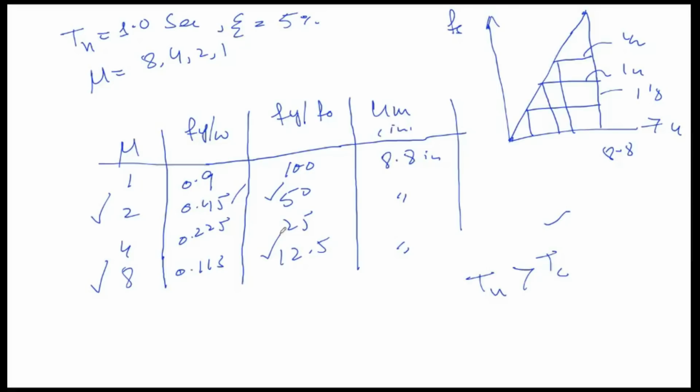You can select any combination, but it depends on what you can provide in the system. For example, if the system is a masonry system, you cannot provide larger ductility, but you can provide very high strength.